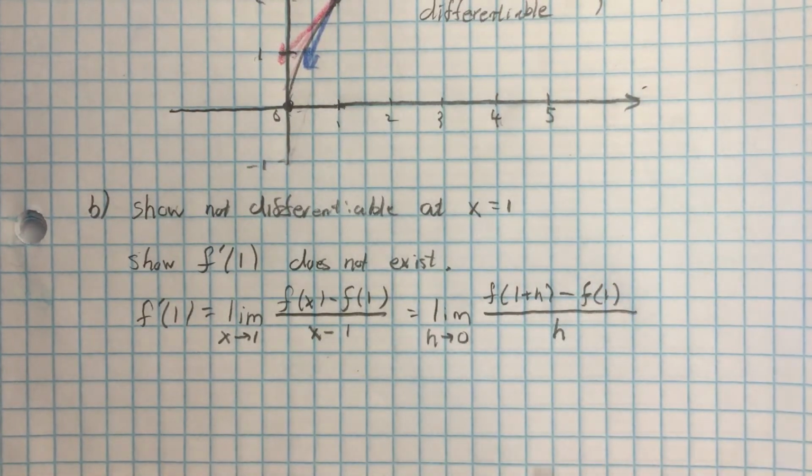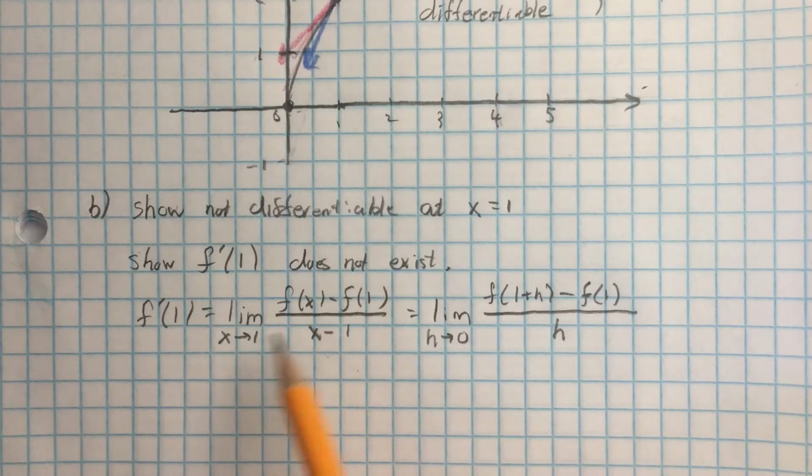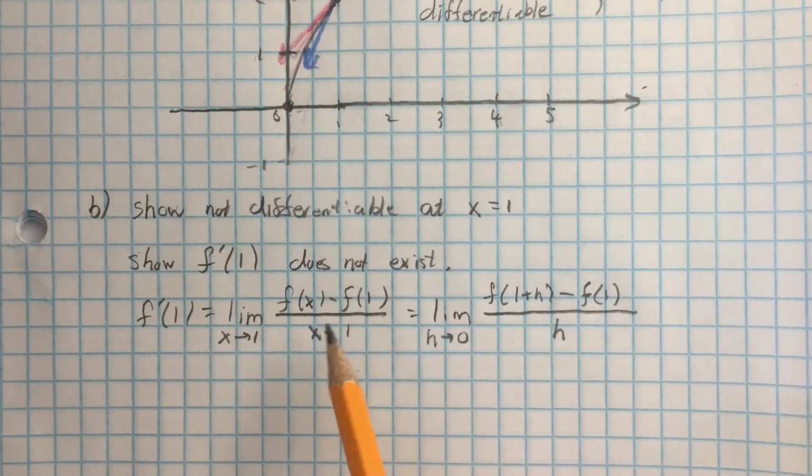So those are my two options. I need to show either this limit does not exist or this limit does not exist. I can show that because these limits, the limits of difference quotients, are the derivative, so if the limit doesn't exist for this particular structure, then the derivative itself does not exist at 1. So I will just take the first one here. I'll use the x approaching 1 as opposed to h approaching 0, even though they are the same.